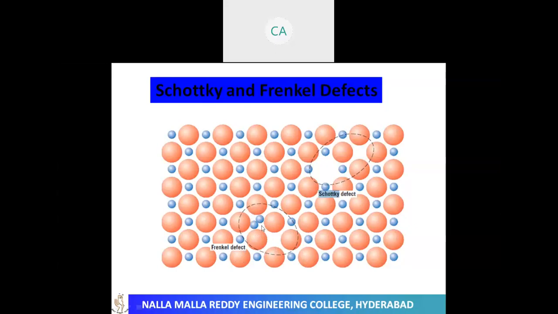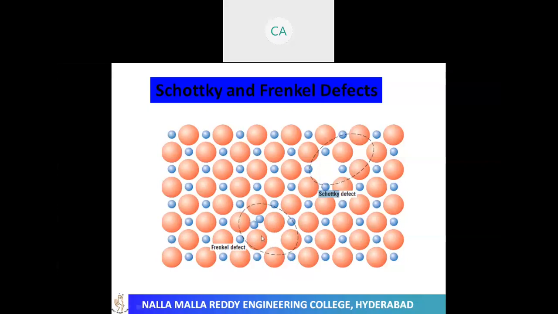In the Frenkel defect, since the cation remains inside the crystal, it is only dislocated. So, there is no effect on the density. Here, the cation should be smaller than the anion. Only then can it occupy the interstitial site.